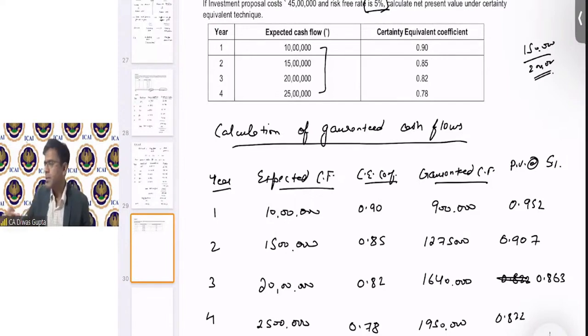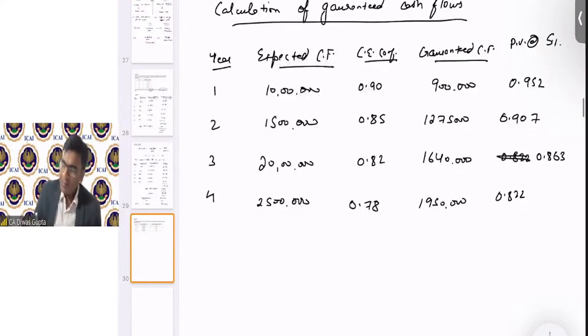Students, Tanisha. If we multiply this with the guaranteed cash flows and arrive at the present value, how much will that be? That will be 50,34,570.